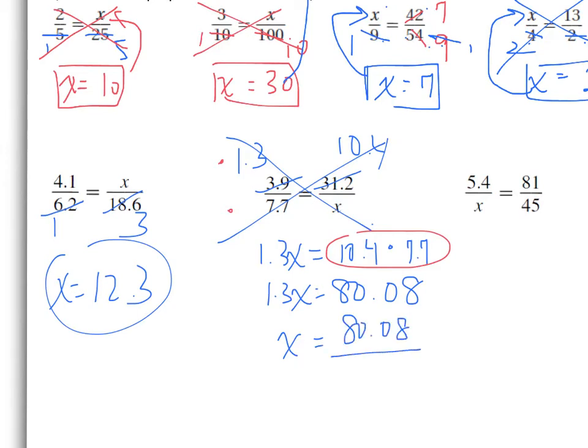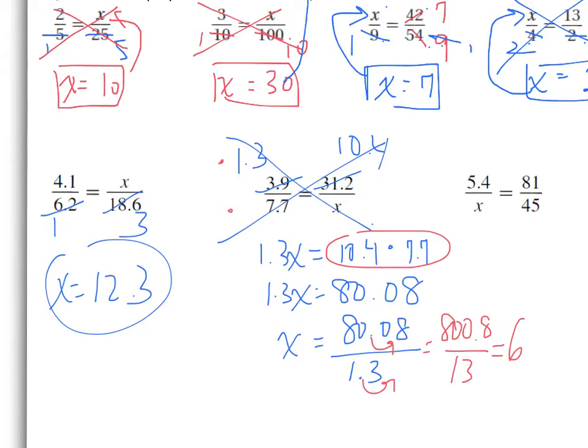Okay, so x equals 80.08 divided by 1.3. I can shift the decimal 1 place to the right. So 800.8 divided by 13, I can do 6.